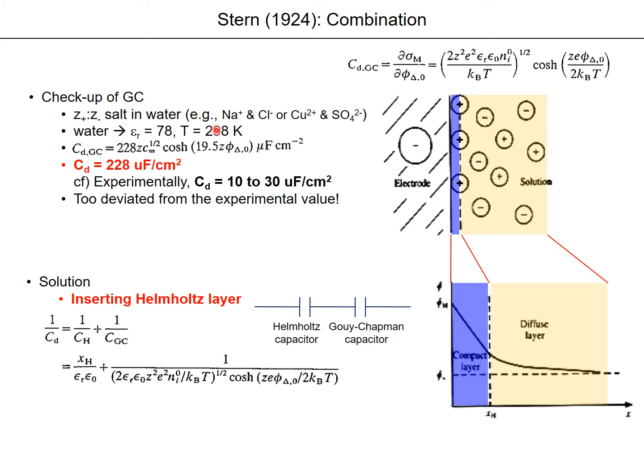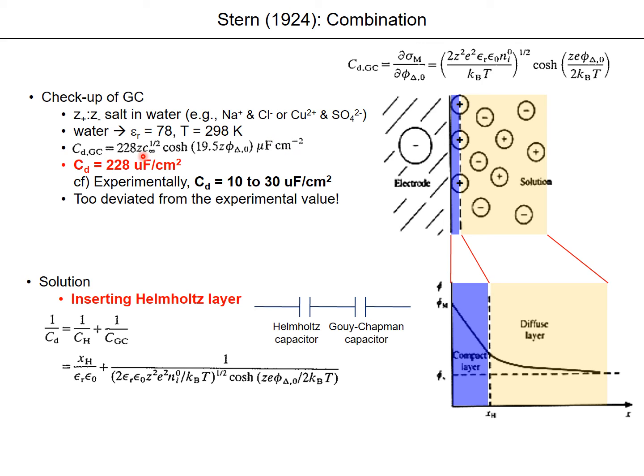Then we could calculate some parameters of the Gouy-Chapman model, and finally we obtain the capacitance of the diffuse layer expected by Gouy-Chapman: 228 times the number of charge and the square root of bulk concentration, with hyperbolic cosine of 19.5 Z times the potential, in microfarad per centimeter squared.